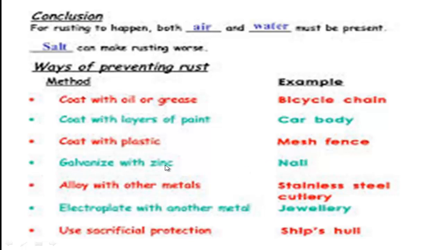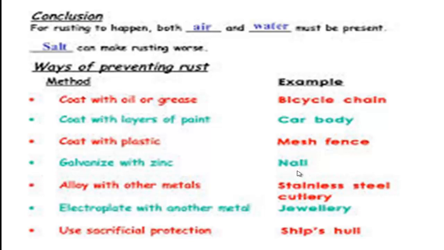Now galvanizing with zinc. This is very important for agricultural equipment such as a plow or spade or nail, etc. Not only agricultural tools, but also a toolbox. Different instruments are used for doing our simple work in our daily life.